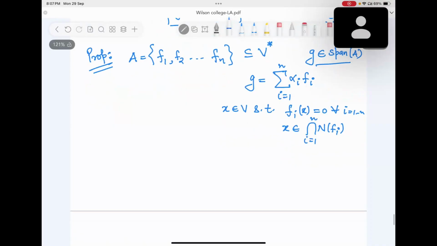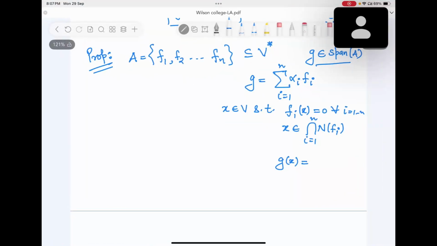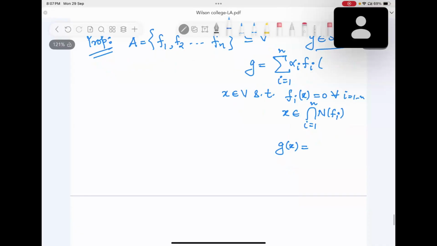Now what can you say about this g of x? What is the value of g of x? Fi of x is equal to 0 for all i.